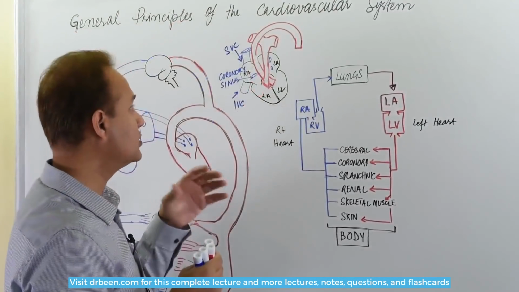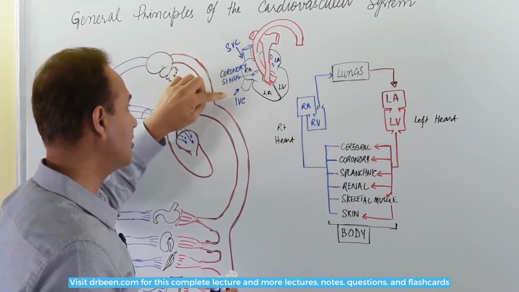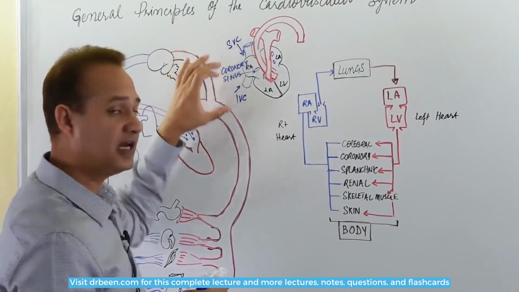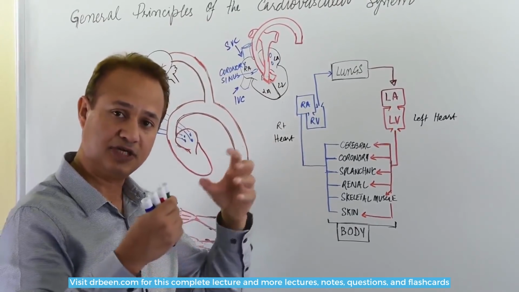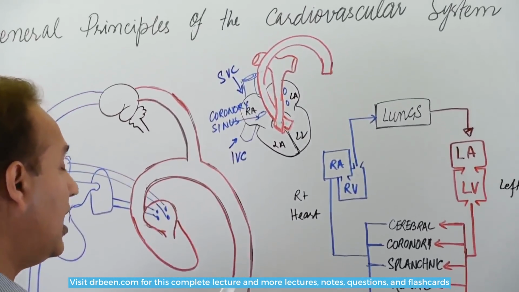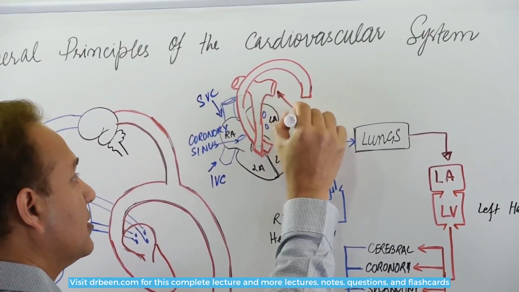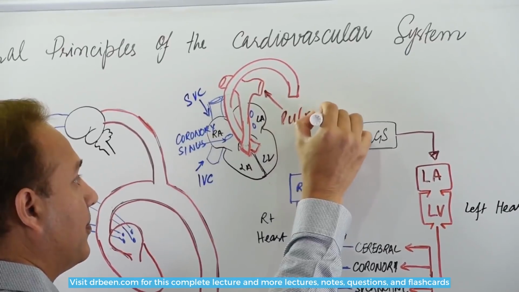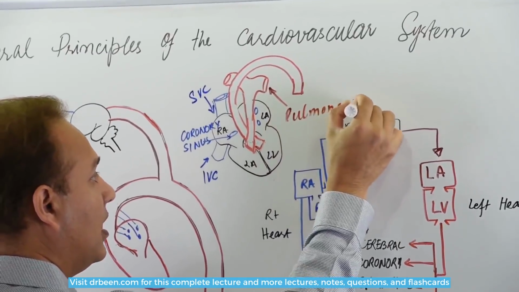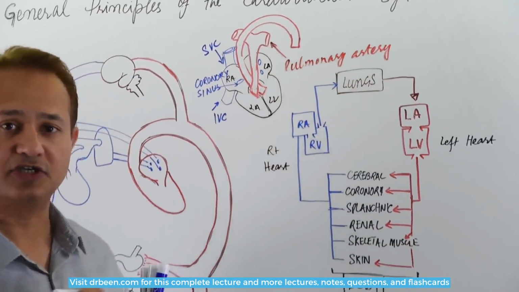So when the heart is pumping the blood, the vessels on the right side are superior vena cava, inferior vena cava, and the coronary sinus. They bring the blood that is pumped out through the pulmonary arteries. So this is the pulmonary artery. Here is a quick definition of artery.